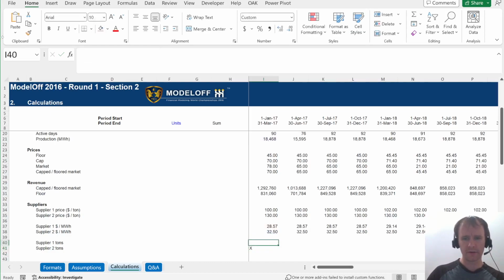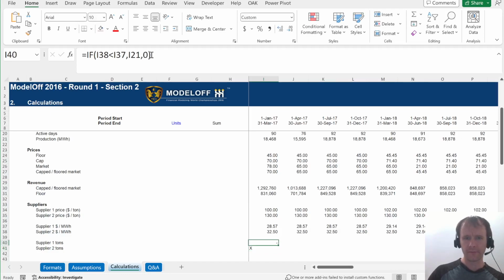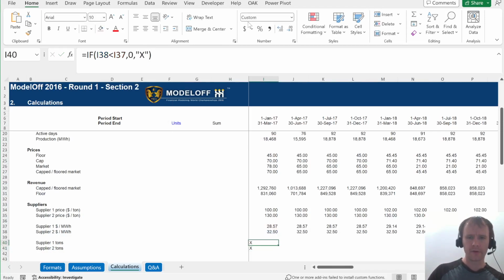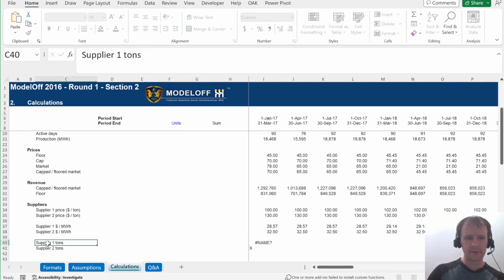And similarly, if that, then 0. Sorry, what? Supplier 2 is less than supplier 1. Sorry, changed the wrong one. Okay, so that is 0. Otherwise x. So then what is x? X is going to be the, sorry, supplier 1.